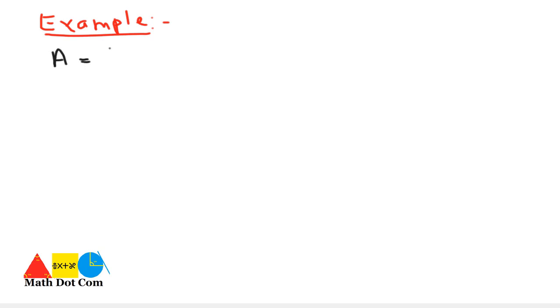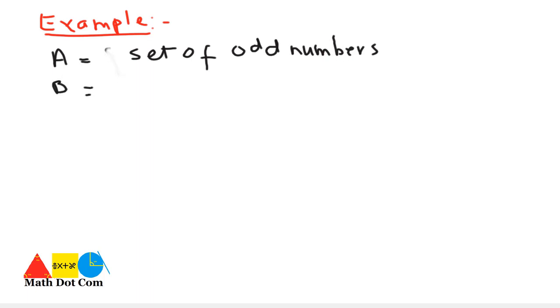Let's say A is equal to the set of odd numbers, and B is equal to, it's U. It could be B or it could be U, it's up to you, but let's write it as U for your convenience, the set of integers. Okay, let's find its complement.